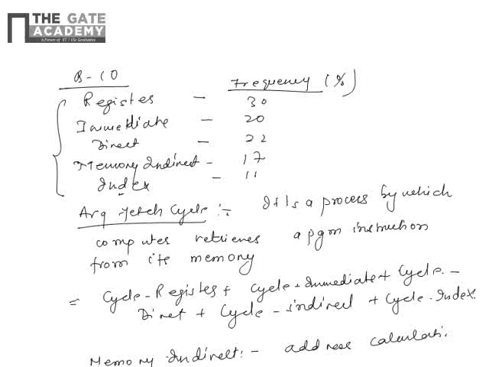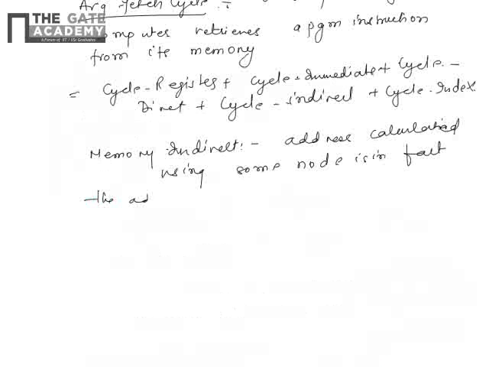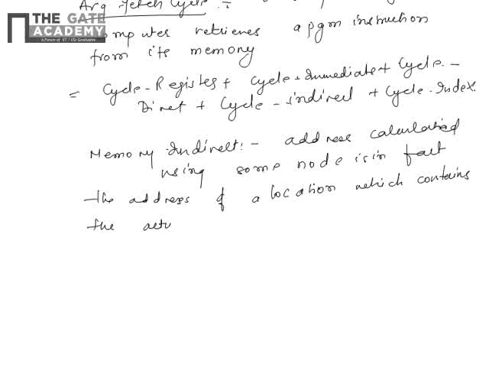The address calculated using some node is in fact the address of a location which contains the actual effective address.